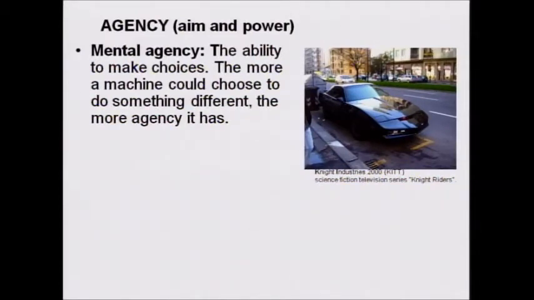And actually it's doing it in this series. In that sense, this car has what we call mental agency. It has the ability to make choices and make decisions. So therefore, it can be called a robot, although it does not look like a robot.